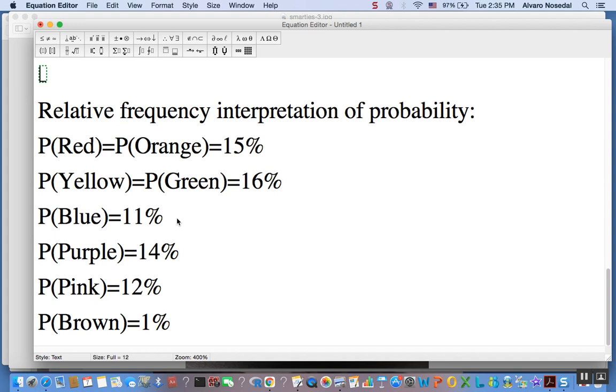Number two, chances are we will be interested in combinations of outcomes from the sample space. These combinations will be formed with operations from set theory: union, intersection, complement. Any subset of the sample space will be referred to as an event.